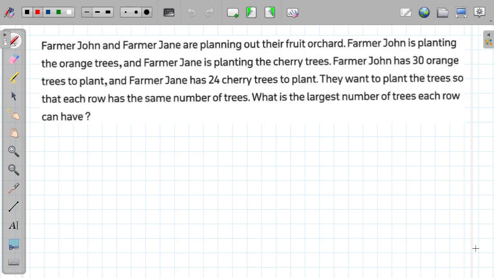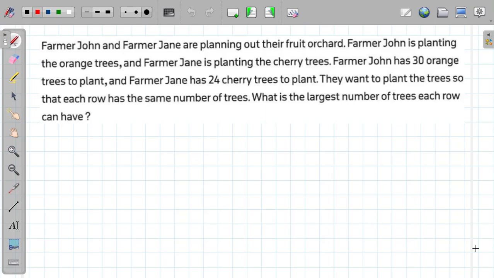Farmer John has 30 orange trees to plant and Farmer Jane has 24 cherry trees to plant. They want to plant the trees so that each row has the same number of trees. So what is the largest number of trees each row can have?